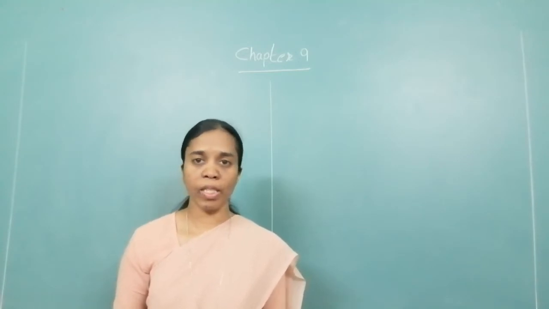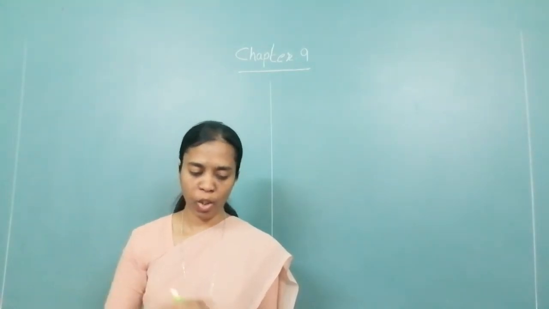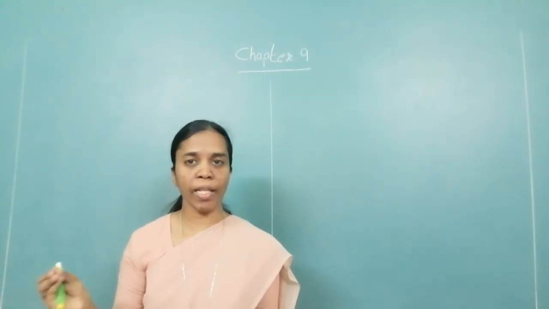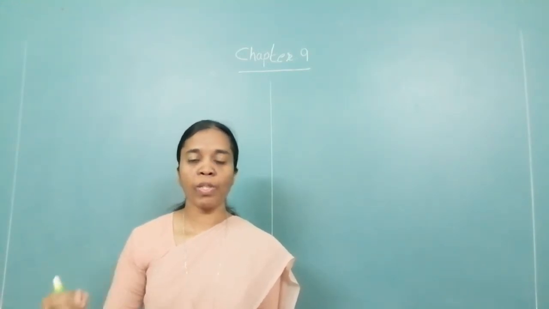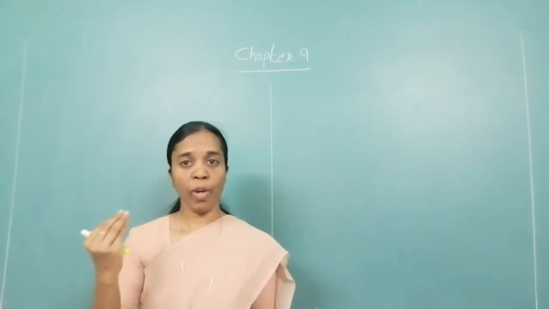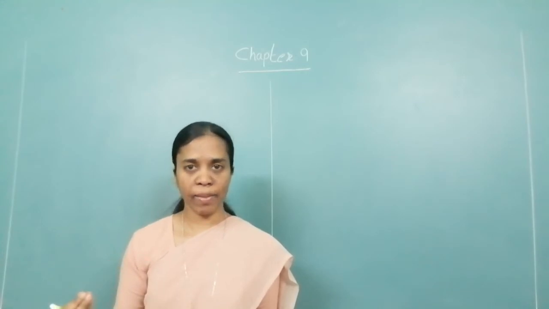Now, how do we write the steps for it? Whatever we are supposed to find out, what are they asking us to find out? How much we pay for 12 kg onion. So we don't know how much we are going to pay for 12 kg onion. So that is what we are supposed to find out. So whatever we are supposed to find out, we consider it as X. Okay.